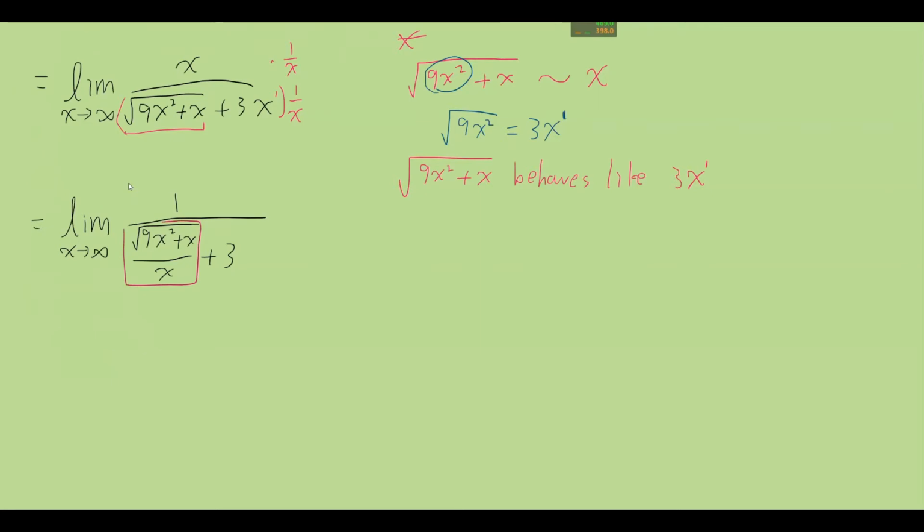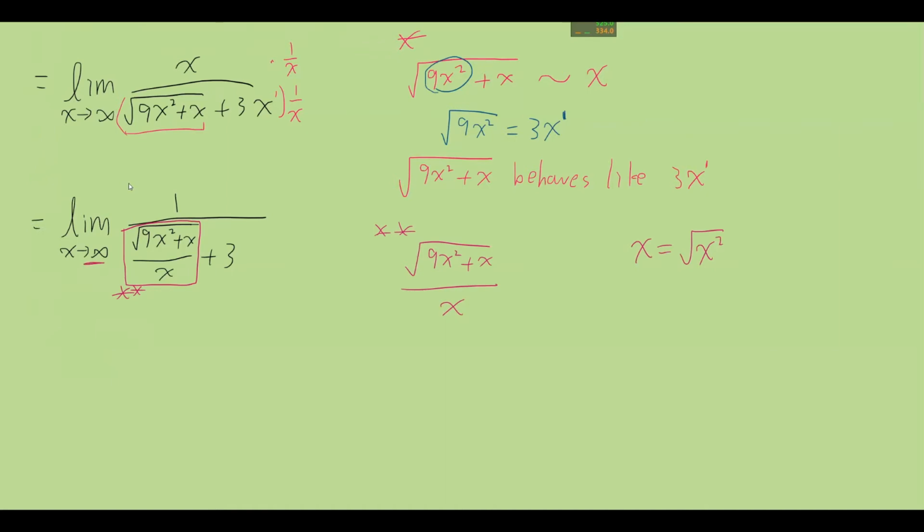Just like in the previous example. Right? Let's work it out on the side. Let's call that double star. We have square root of 9x squared plus x over x. In this case, we're going to use the same idea that x can be written as the square root of x squared.